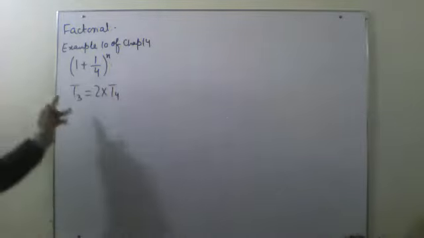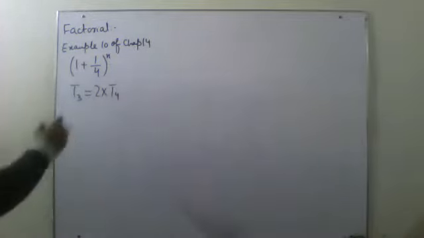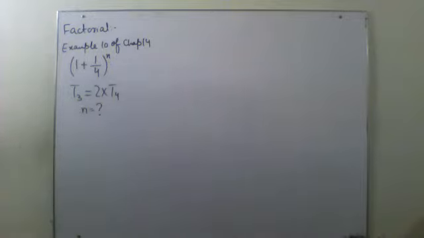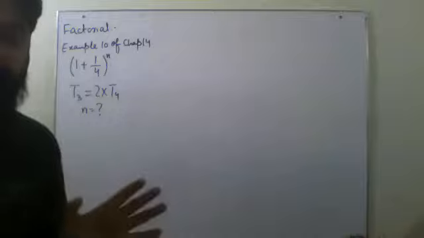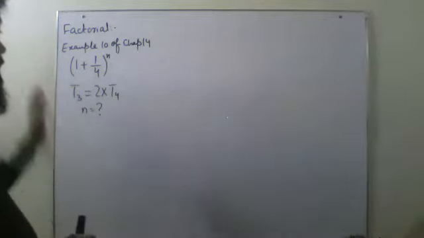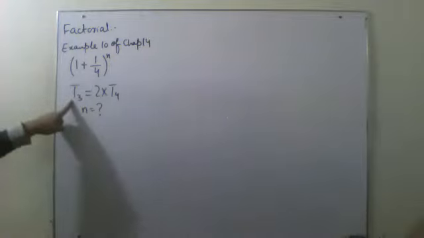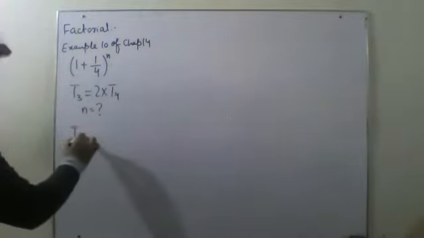The first relation: T3 is 2 times T4. That's the thing given to us. And they are saying to find the value of n. That's the question, the simplest kind of question in finding the value of n. First of all, I have to go with the third term, T3.